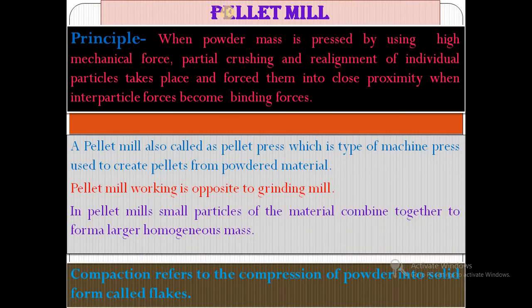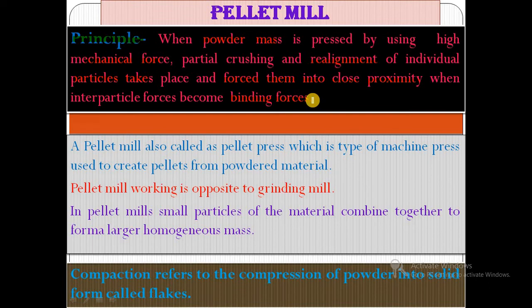First we see the pellet mill, then the principle of pellet mill. What is the principle of pellet mill? When powder mass is pressed by using high mechanical force, partial crushing and realignment of individual particles takes place and forces them into close proximity, when interparticle forces become binding forces.